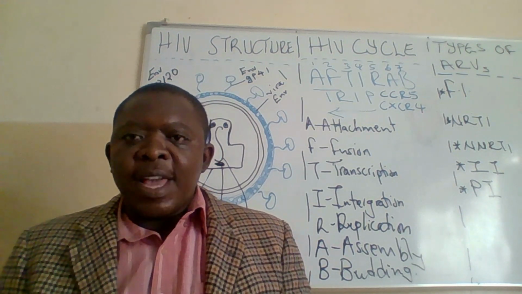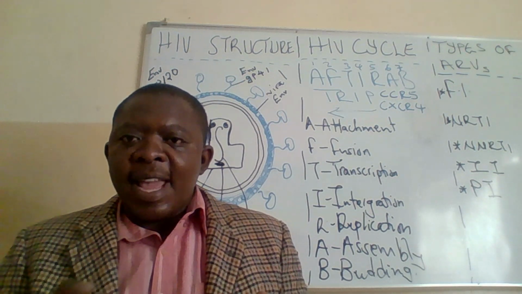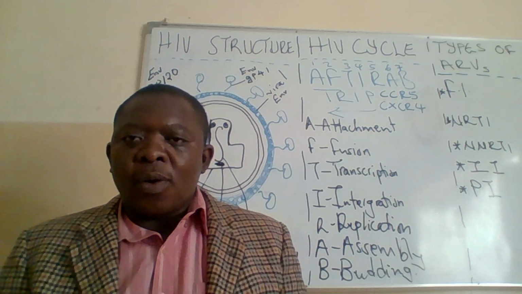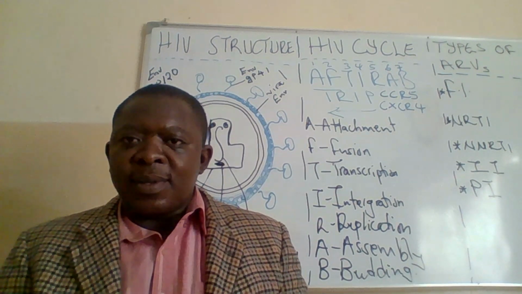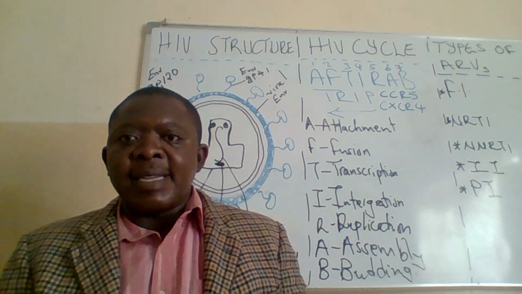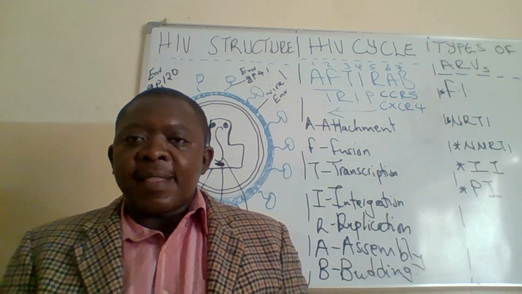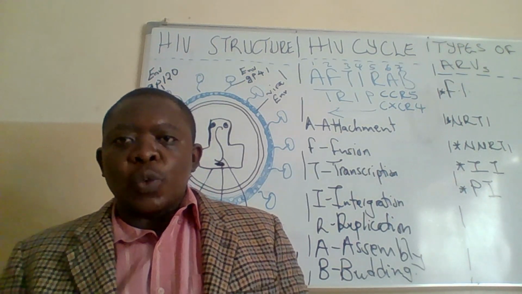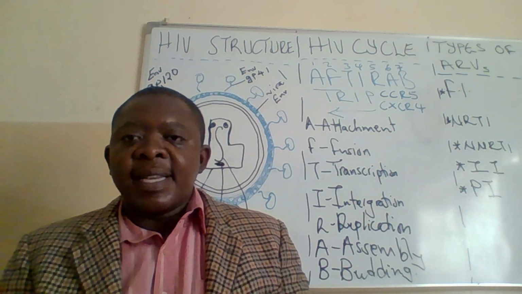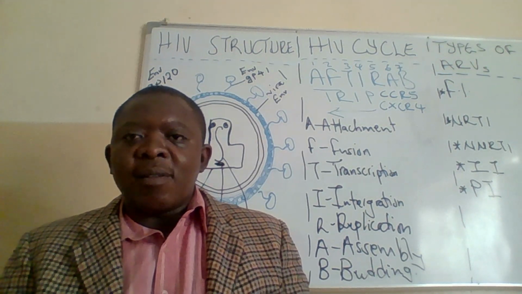Under NNRTIs, I just think of EN, like a nurse with a certificate, enrolled nurse. So we have efavirenz and nevirapine, and they all have the "vir" from virus in the middle. We also have the NRTIs and the likes.